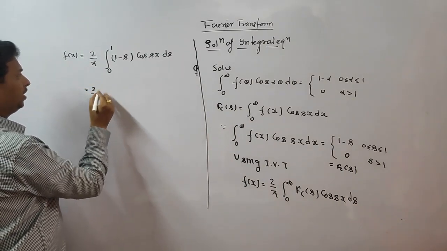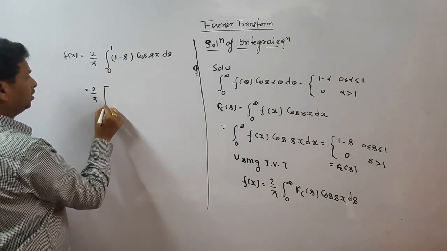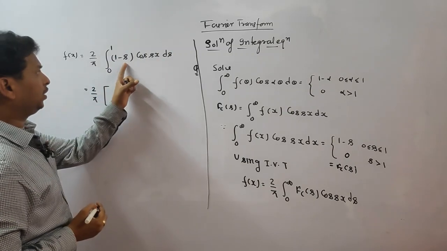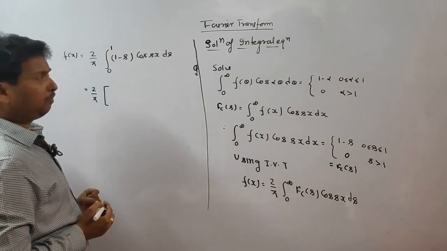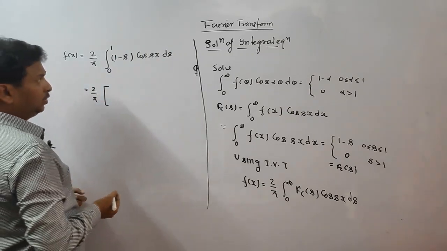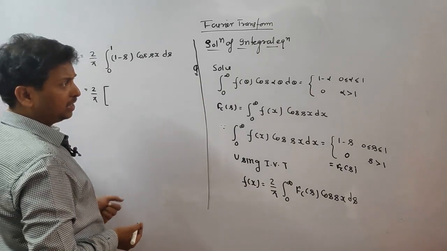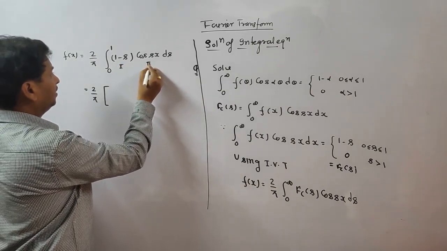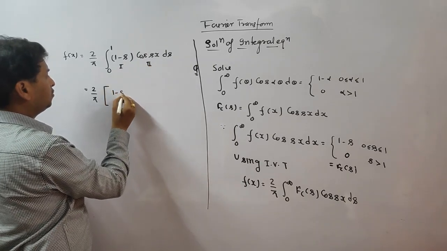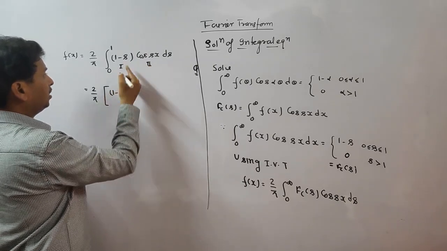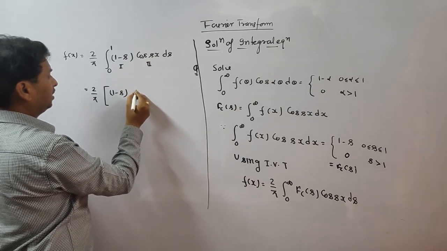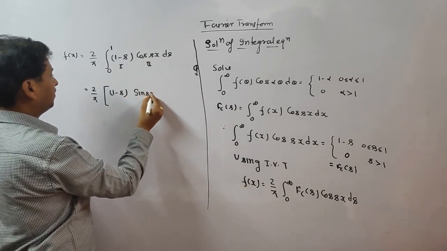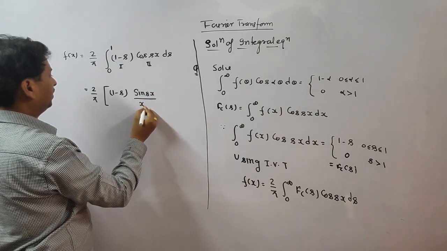So 2 upon pi, 1 into cos(sx), or first into second. What is the formula? Use integration by parts. I already explained. This is your first and this is your second. So first as it is, integration of cos(sx) with respect to s is sin(sx) upon x, correct?